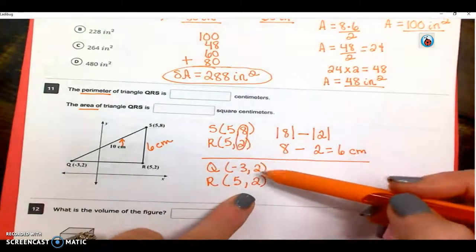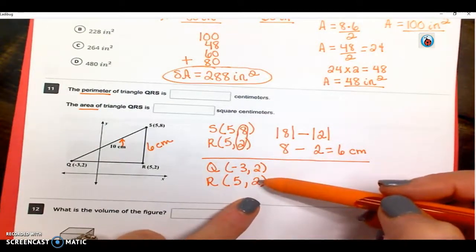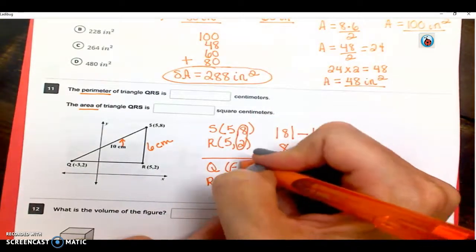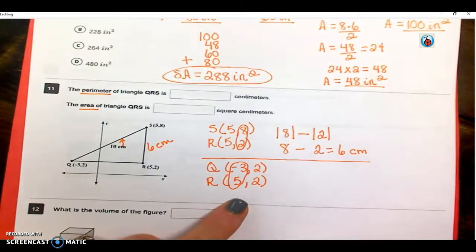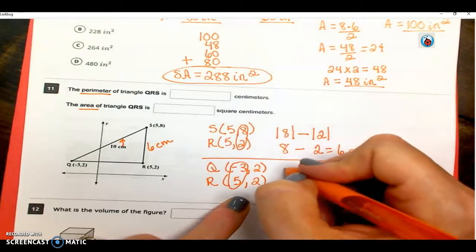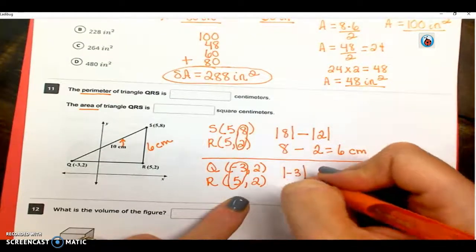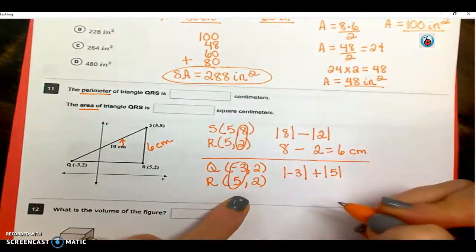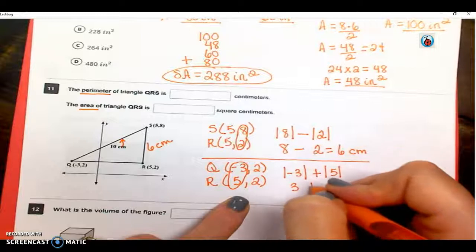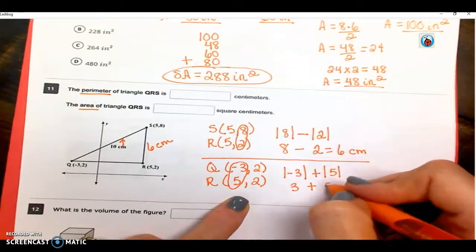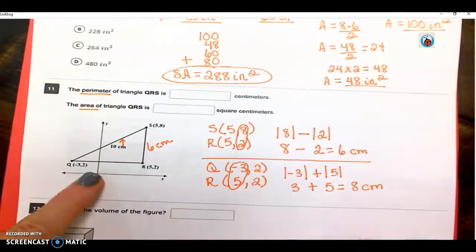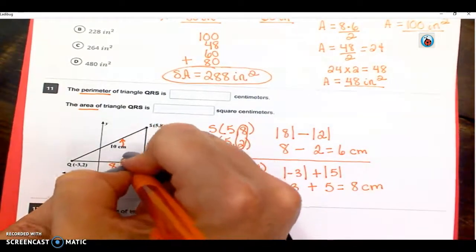So if the Y coordinates are the same, you're going to add the absolute value of the X coordinates, of your X values. So what we want is the absolute value of -3, and we want to add the absolute value of 5. The absolute value of -3 is 3, plus the absolute value of 5 is 5, and 3 plus 5 would be 8 centimeters. So we know that this side is 8 centimeters.